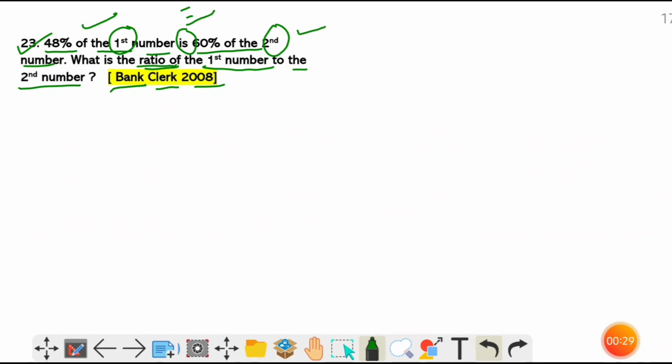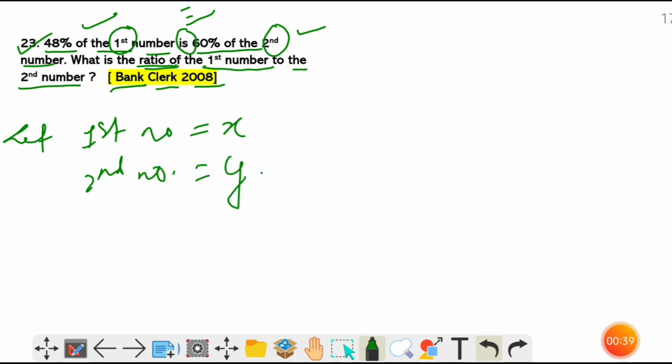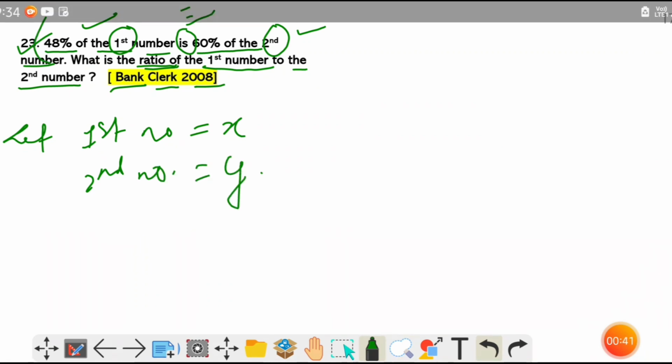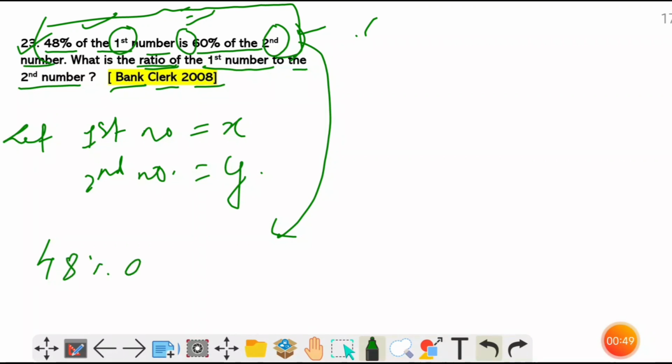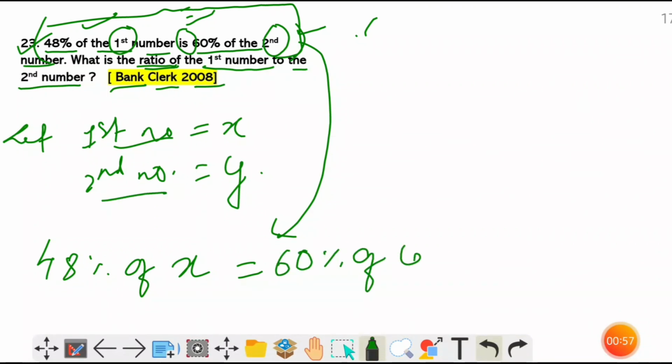Let the first number be x and the second number be y. According to the question, 48% of the first number equals 60% of the second. We make an equation: 48% of x equals 60% of y.